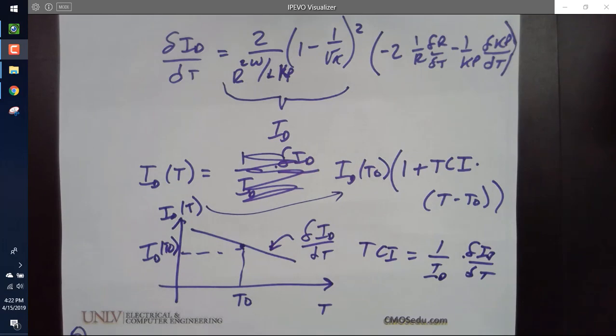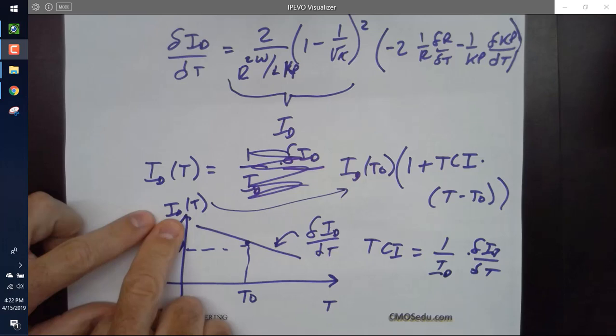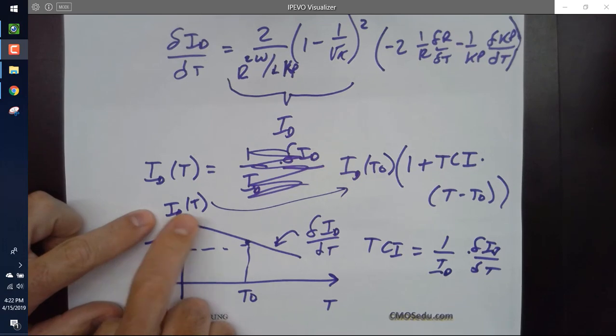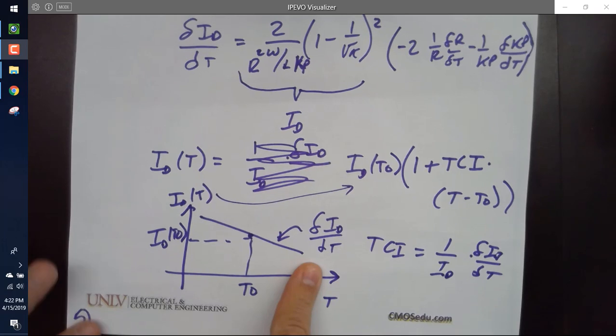Any questions or comments about that? All right, let me go through this a little slower. So here, ID of T, I plot versus temperature, and I just drew it going down. It could go up, it could be flat.